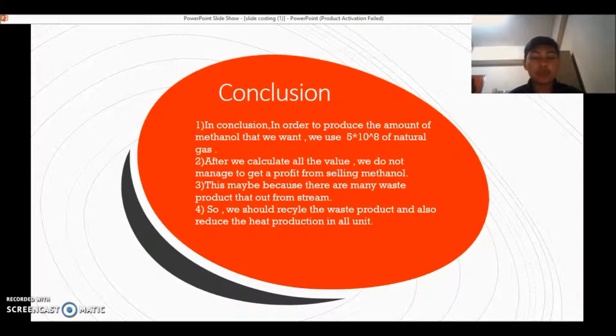The waste products we do not recycle back, they just go out. So maybe that is the reason why we do not get a positive profit. We should recycle the waste products, and also reduce the heat production in all units to get a positive profit. So that's all from our group.